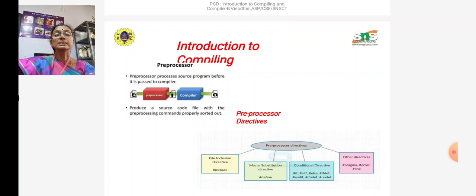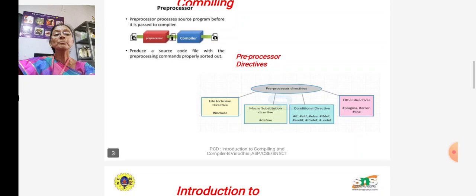Whenever the system sees the hash symbol, the preprocessor directive expands that file and adds it into the source program. So the output of the preprocessor is a pre-processed high level language program, with header files and macro definitions added, which is given to the compiler.